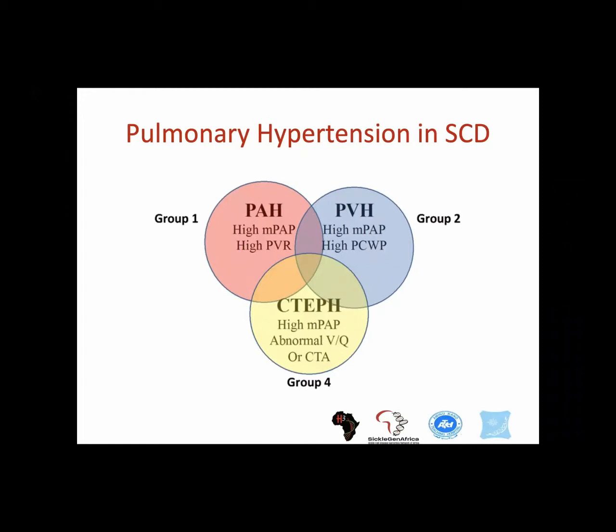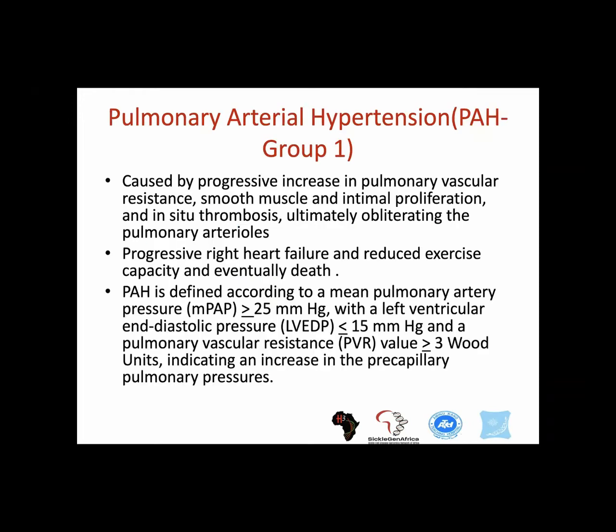Initially, when this was described, patients with sickle cell disease were classified under group 1. With advancement of knowledge, knowing that these patients have categories 1, 2, and 4, they have now been reclassified. So sickle cell disease pulmonary hypertension is now classified under category 5, which is miscellaneous, or patients with multiple mechanisms of pulmonary hypertension.